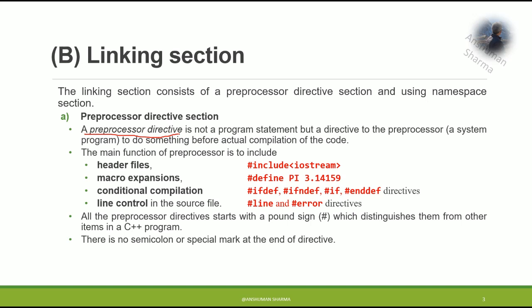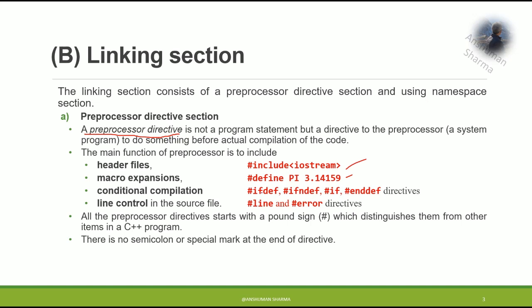It always begins with the hash symbol or pound symbol, and its main function is to include header files and macro expansions. As you can see, these are the header files, and normally iostream is the most common header file that we usually add. Then #define is the most common macro. Then there are conditional compilation, and line controls can also be added.